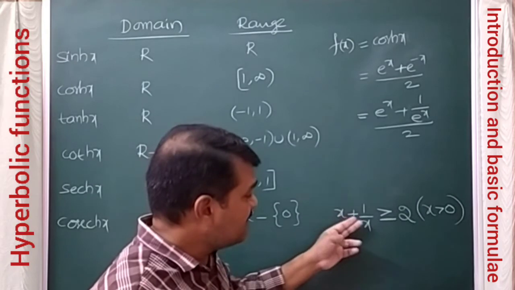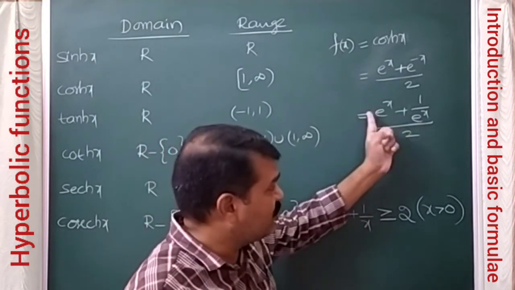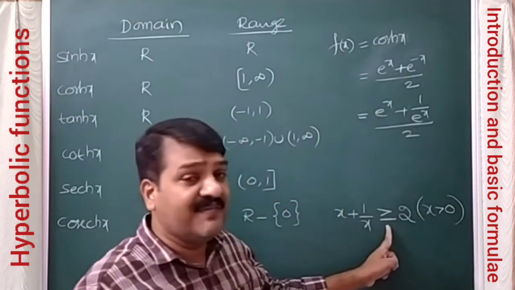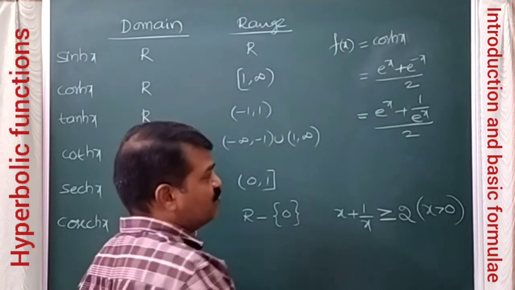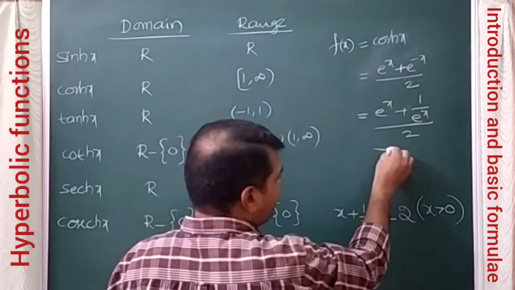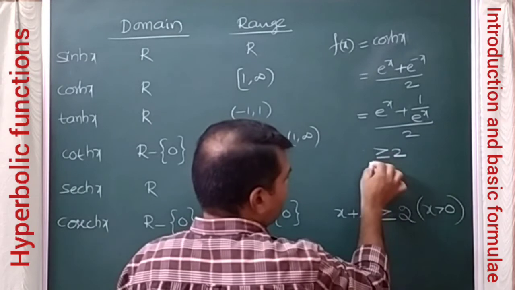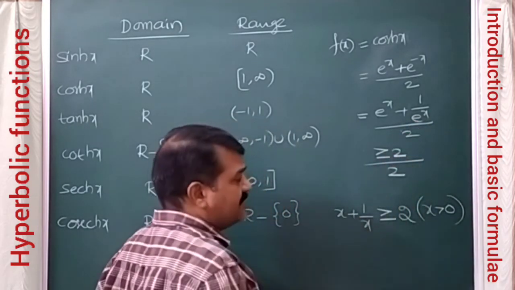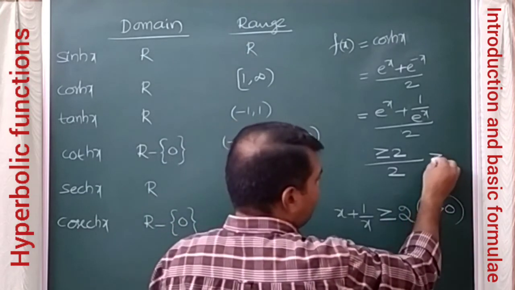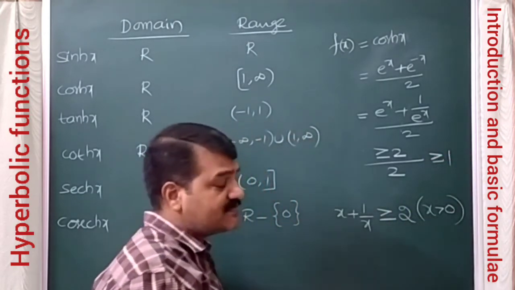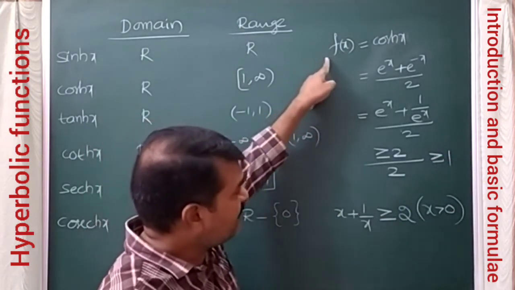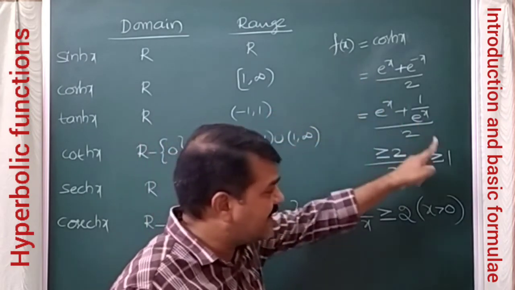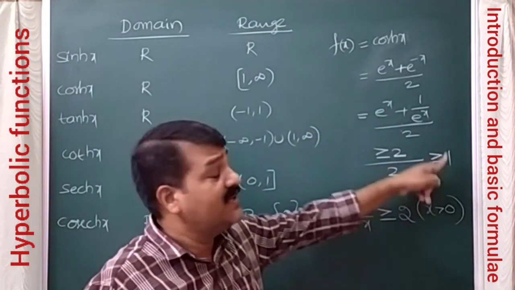So therefore, x plus 1 by x which we have in the numerator is always greater than or equal to 2. And when the numerator is greater than or equal to 2, with 2 in the denominator, that is nothing but greater than or equal to 1. That means f of x is always greater than or equal to 1.